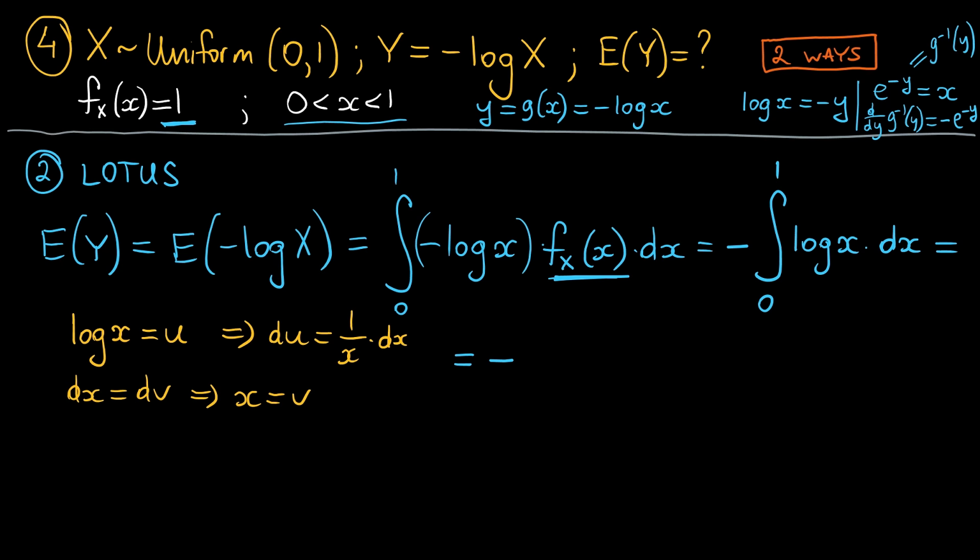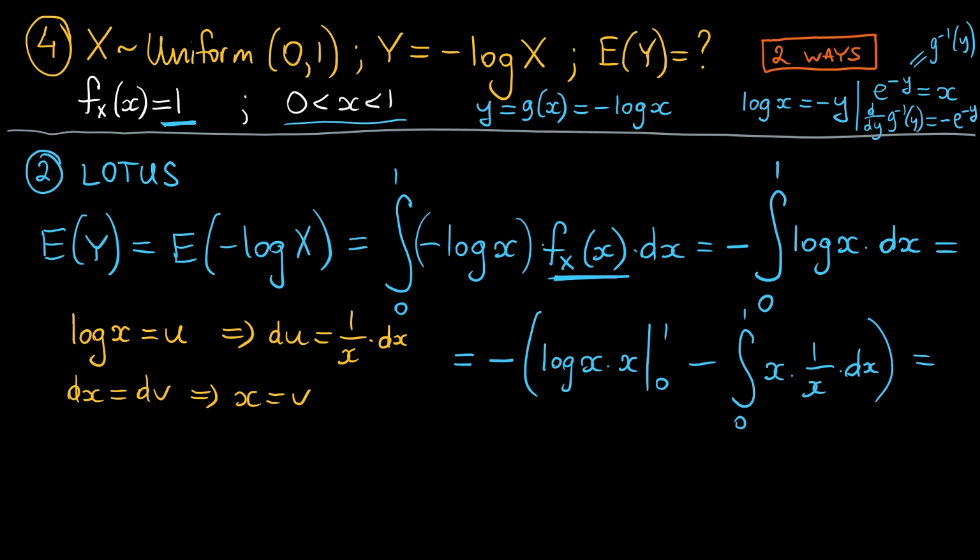We have a minus in front of the integral, and now we need uv, which is log of x times x, evaluated from 0 to 1, minus integral of v du. V is just x, and du is 1 over x dx, and the integral goes from 0 to 1. Okay, so that's what we have.